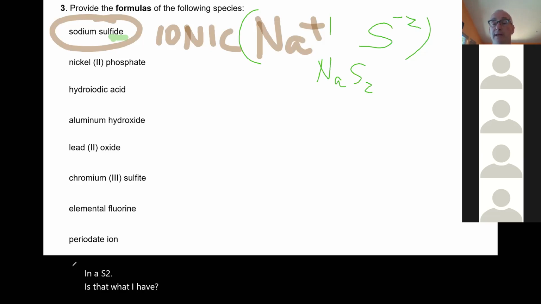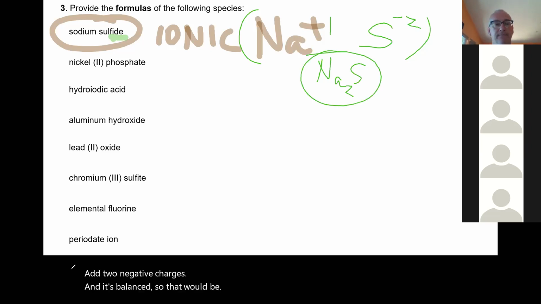Oh, I put a 2 on the sodium. Yeah. That's right. Take that away. Yeah, I put a 2 there. So that way I'd have 2 positive charges and I have 2 negative charges. And it's balanced. So that would be sodium sulfide. Okay? Let's look at the next one.